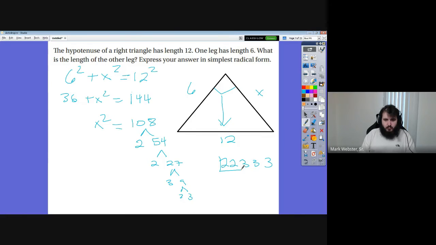Once again, we're going to circle our perfect square pairs, and then we're going to underline the one that's left over. So what goes on the outside? 2 times 3 goes on the outside. And what stays on the inside? This leftover 3 stays on the inside. So we're left with our final answer of 6 times radical 3. And there we go.